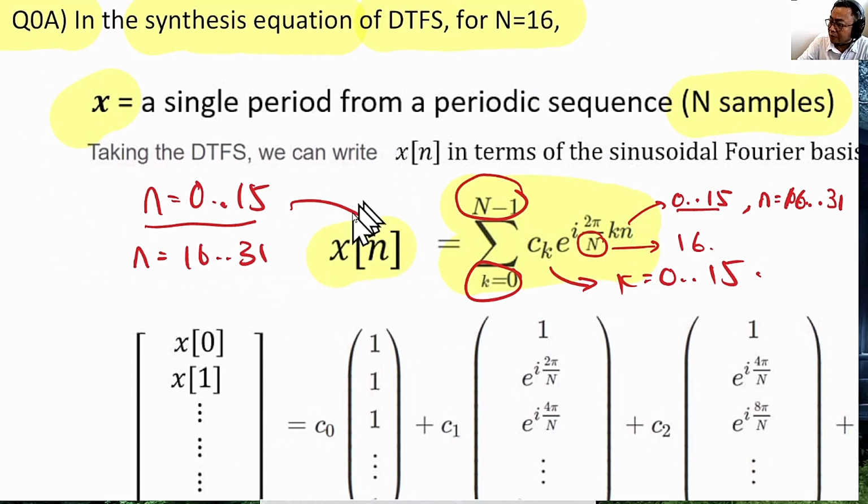Now, because x[n] is periodic, whether you are generating for n equals 0 to 15, or 16 to 31, or even n equals minus 16 to minus 1, they would all be this periodic sequence. It does not really matter, and in fact, for our purpose, we typically only generate for this particular range, which is n equals 0 to 15, or I should just say capital N minus 1.